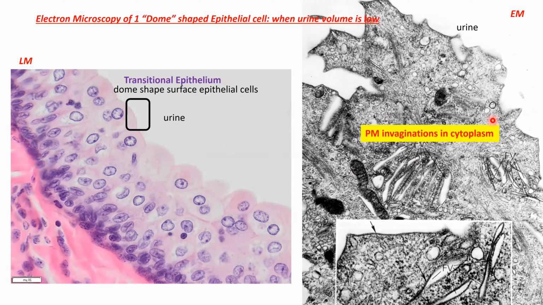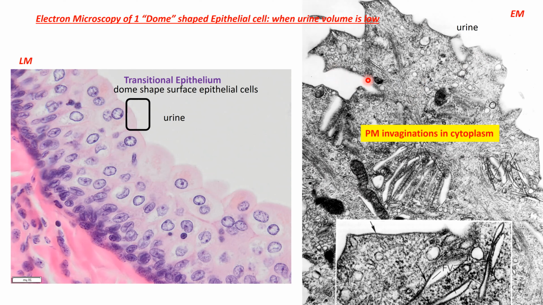And on the right side, you're going to see a chunk. I'm showing you here not the whole entire cell, just a chunk of one dome-shaped surface epithelial cell on electron microscopy. And you see, in the light microscope it looks so smooth. In the electron microscope, it's not smooth. Why?